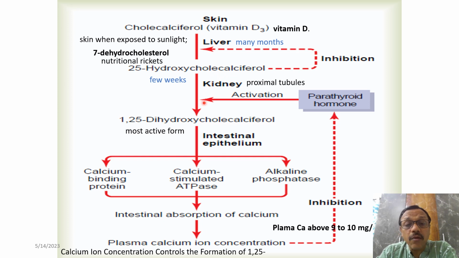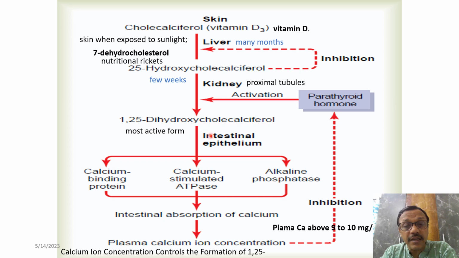Now in the kidney, what is happening? Under the effect of parathyroid hormone and under the effect of certain enzymes that we discussed in the previous slide, it is converted into the active form of vitamin D. This is the most active form of vitamin D.